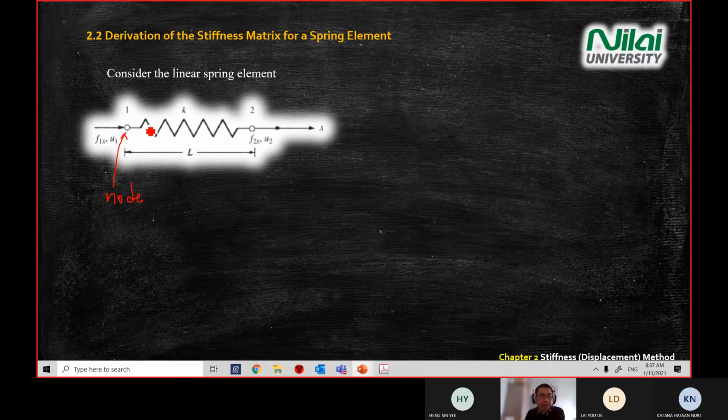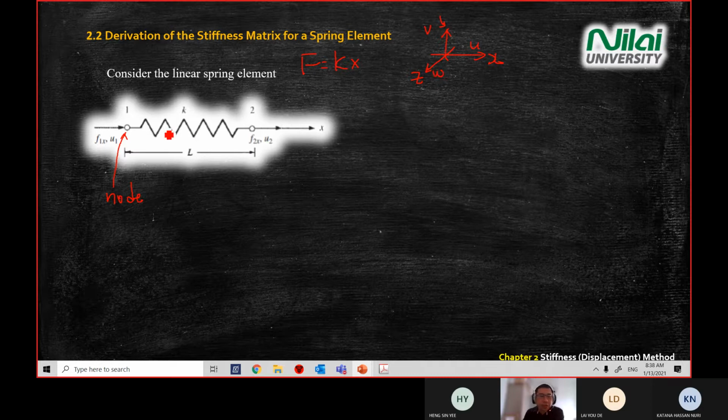And every spring that we have also has a K. If you learned in physics, most teachers will use Kx. But in this module, we'll use U for displacement in the X direction. Again, I refresh: if in 3D, all the movement in X we use U, all the movement in Y we use V, all the movement in Z we use W.